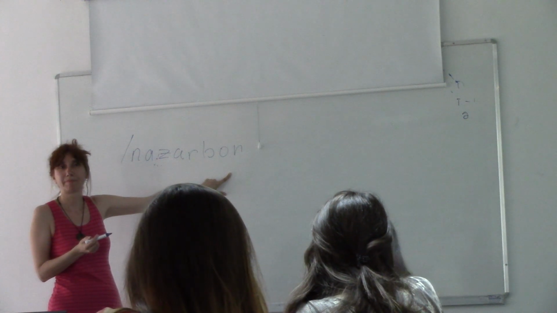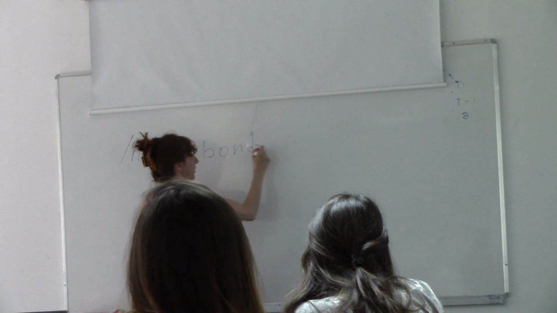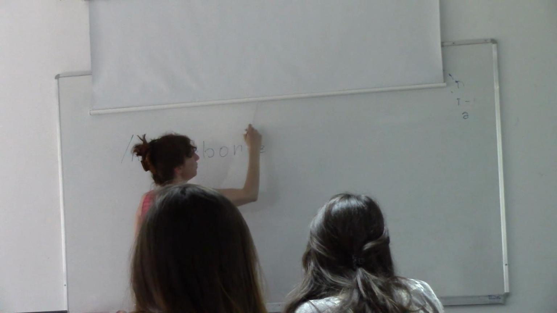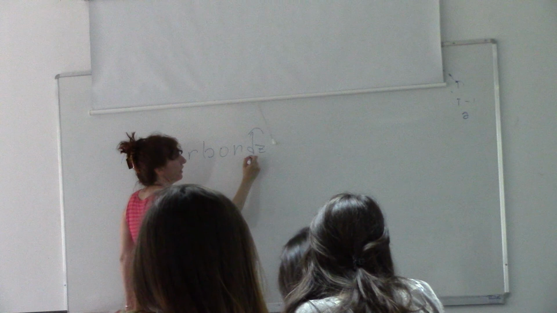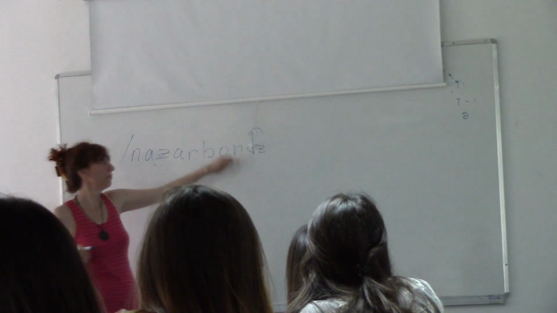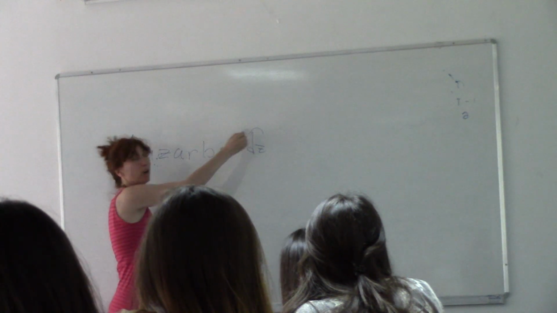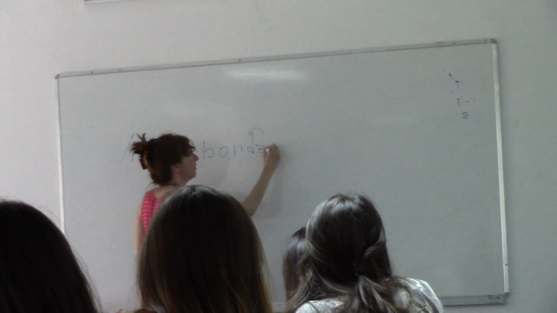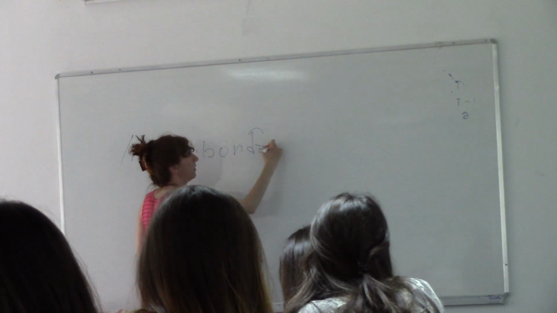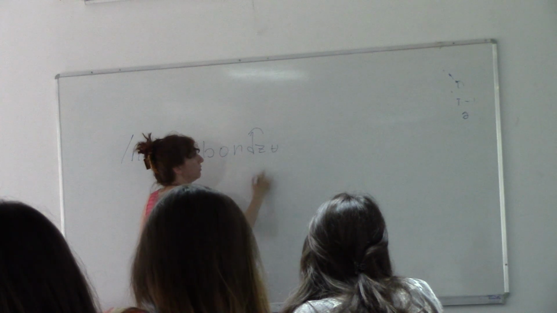It's like DZ or something. DJ. And then the important part here is to indicate that this is one sound, with a bracket above. Yeah. Okay. And then you go with u.